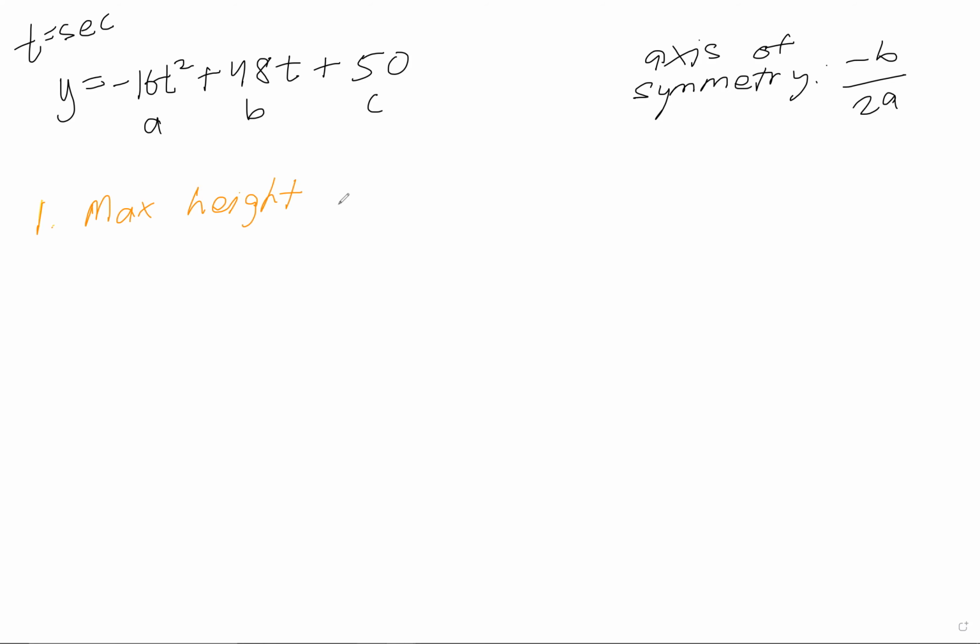If you have the picture next to you, that's the vertex. That's the y of the vertex. And when is this? That's going to be the x of the vertex.